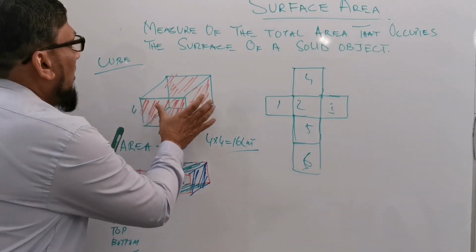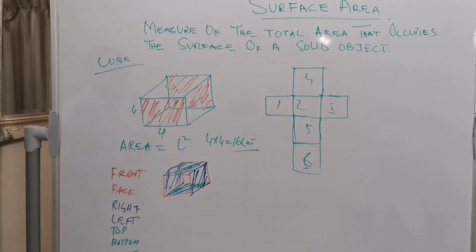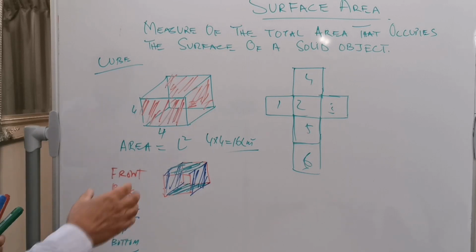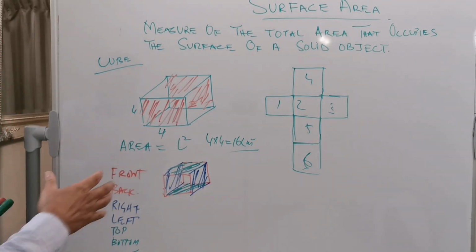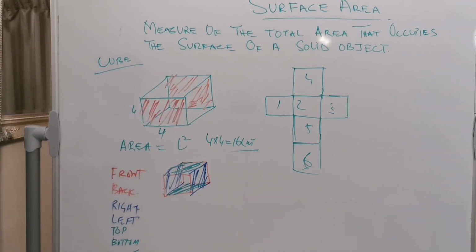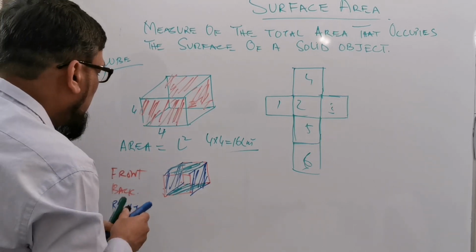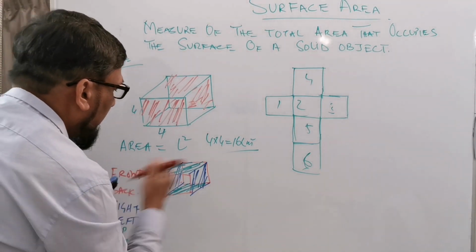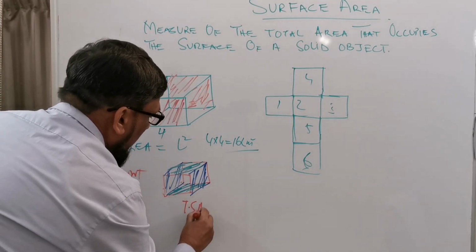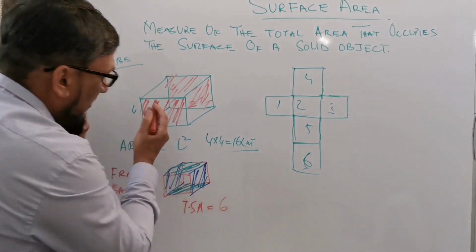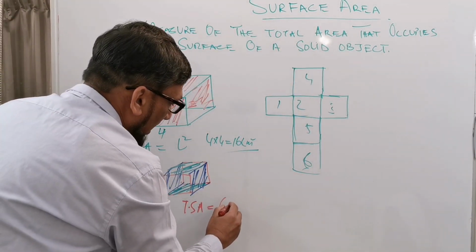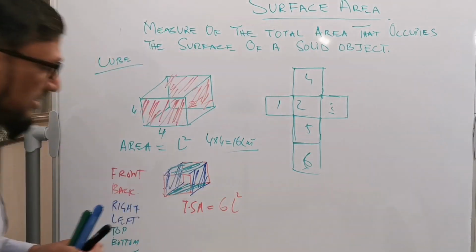So how do we work out the total surface area for a cube? Very simple. How many faces does this cube have? There are 6 faces. So the total surface area is 6 times L squared.